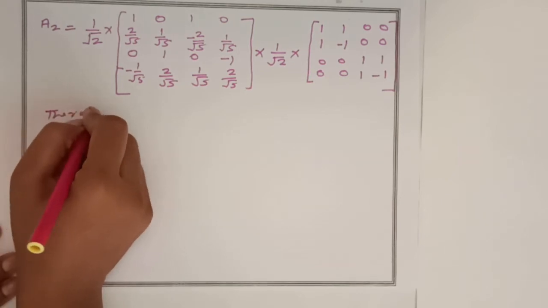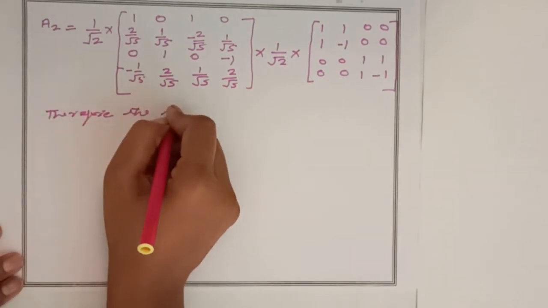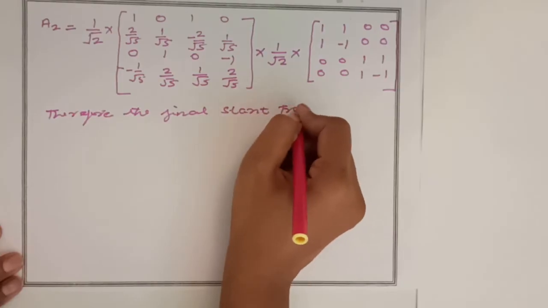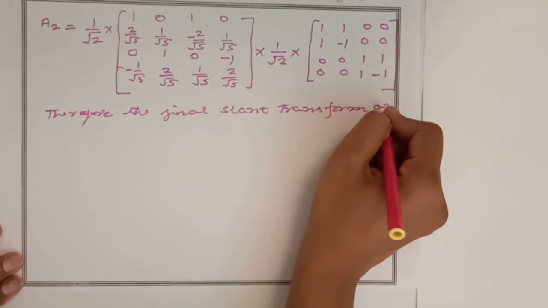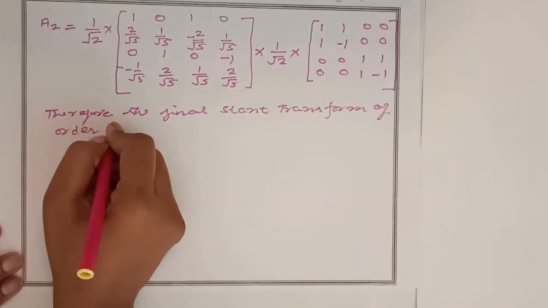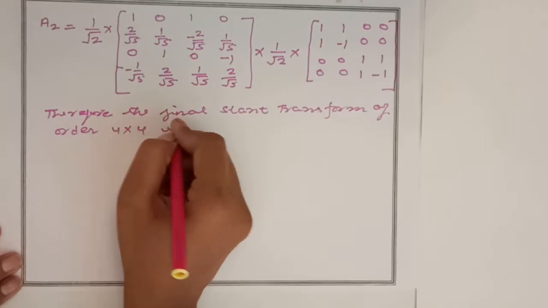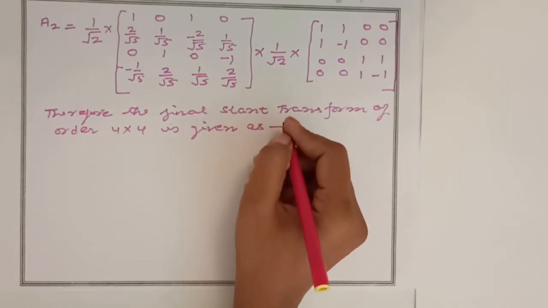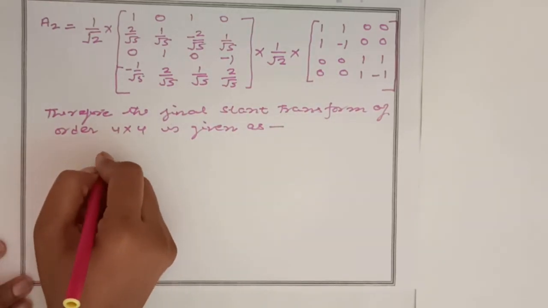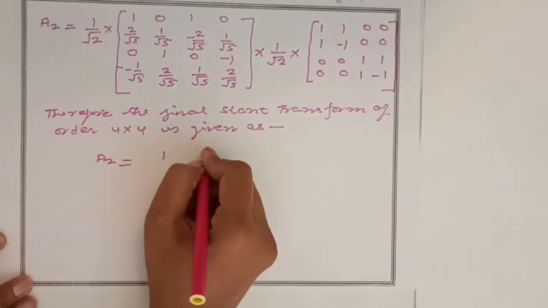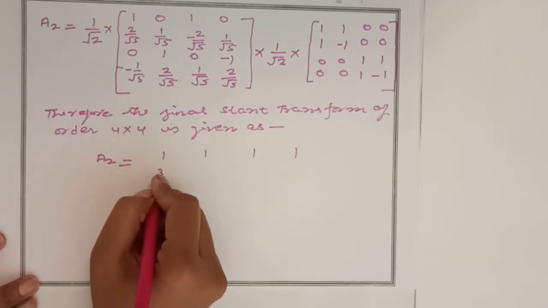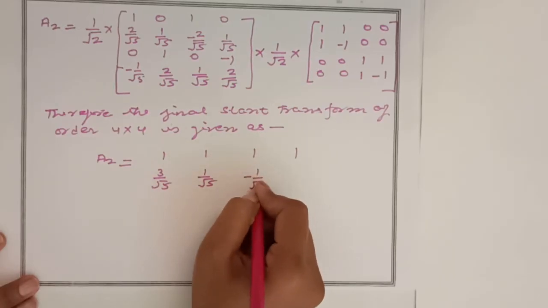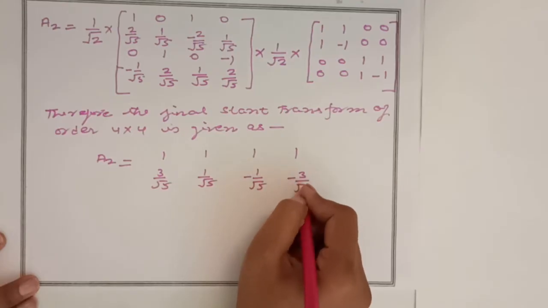Therefore, the final slant transform of order 4 cross 4 is given as: 1, 1, 1, 1; 3 upon under root 5, 1 upon under root 5, minus 1 upon under root 5, minus 3 upon under root 5.